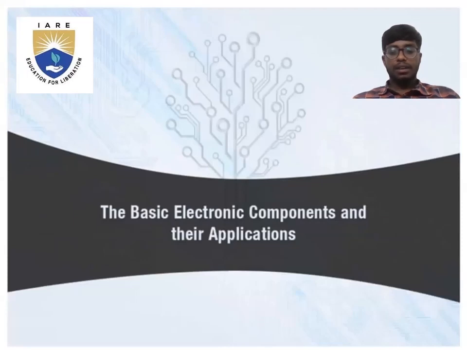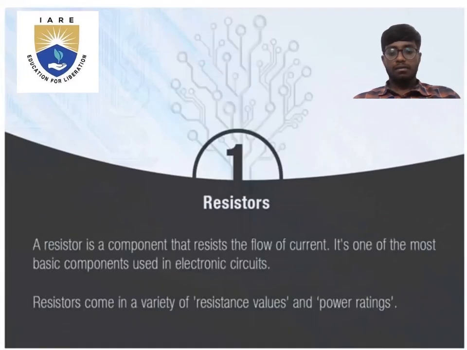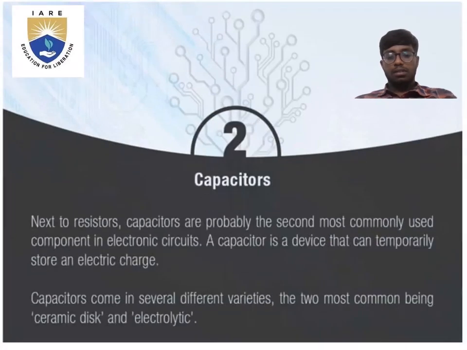The basic electronic components and their applications. First one is resistor. A resistor is a component that resists the flow of current. It's one of the most basic components used in electronic circuits. Resistors come in a variety of resistance values and power ratings. Second one is capacitors.